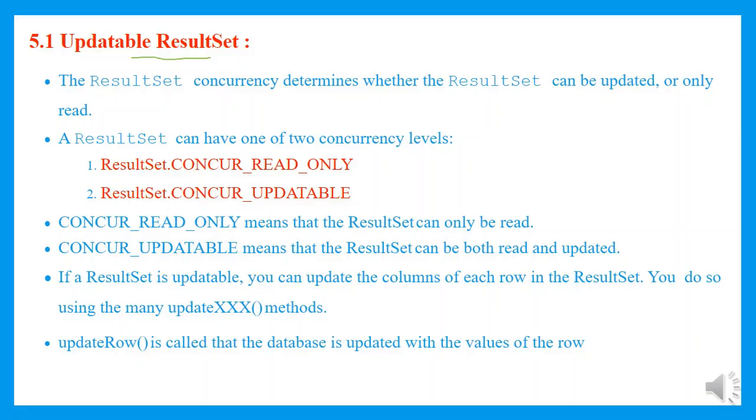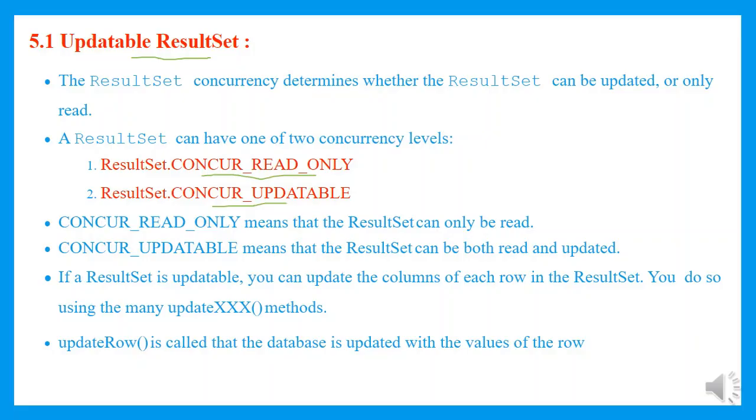Or you want to perform manipulation on the table. In order to do this, there are two different constant fields of the result set: CONCUR_READ_ONLY and CONCUR_UPDATABLE. When I pass CONCUR_READ_ONLY as a constant field of the result set, it gives only permission to read the values. We cannot make any update to the table. When I pass the argument as the constant field CONCUR_UPDATABLE of result set, it gives permission to read as well as update the result set.